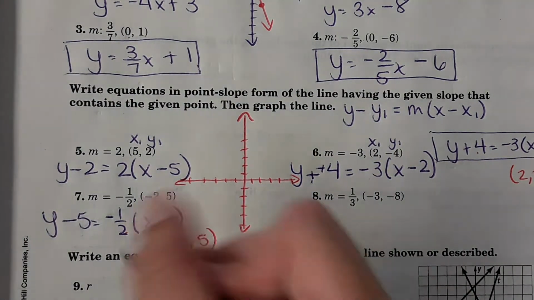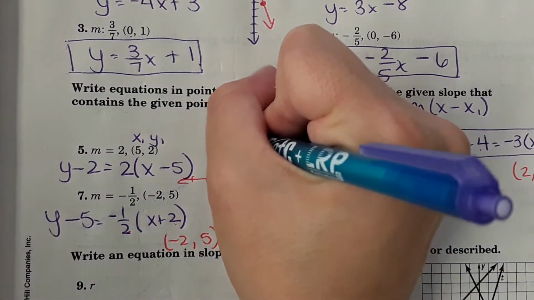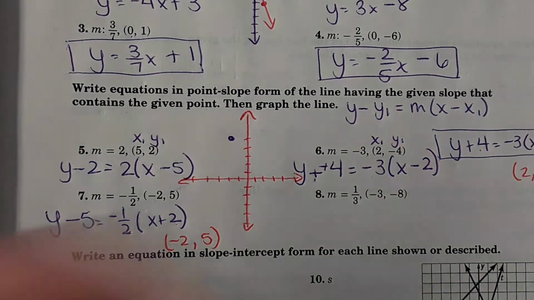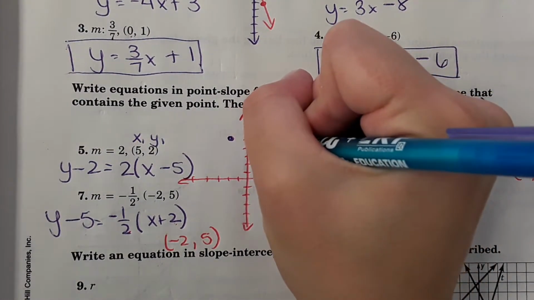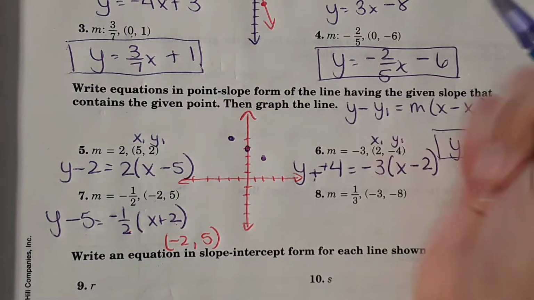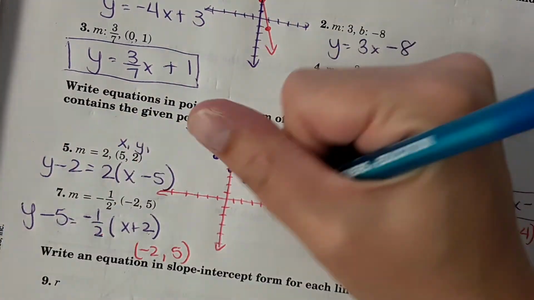Okay, so the point on the line is -2, 5. So I'm going to go to -2, 5, put a point. And then the slope is -1/2. So down 1 over 2, down 1 over 2, and then graphing the line.